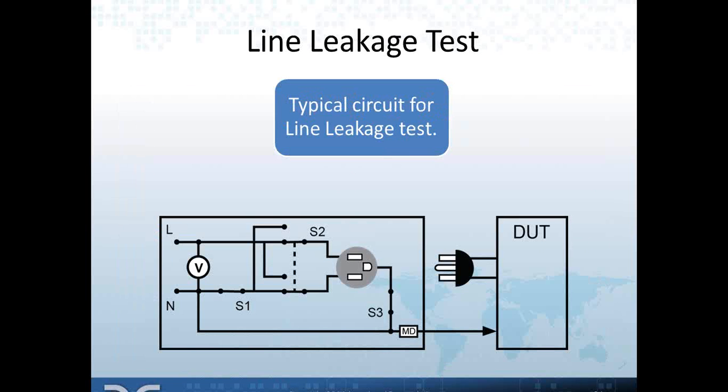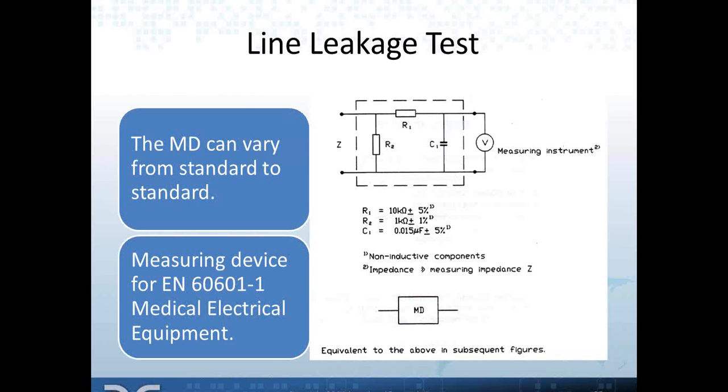Here's a typical circuit for a line leakage test, and you can see the different switches here, S1, S2, and S3, and also the MD, the measuring device, which is based on the standard that the product is trying to comply with. These switches, S1, S2, and S3, are what can set up, simulate different fault conditions during this test.